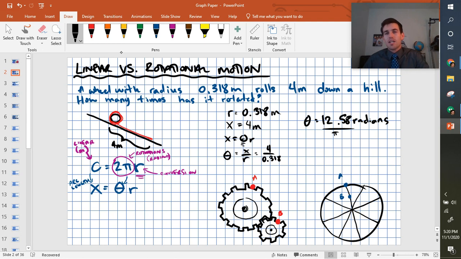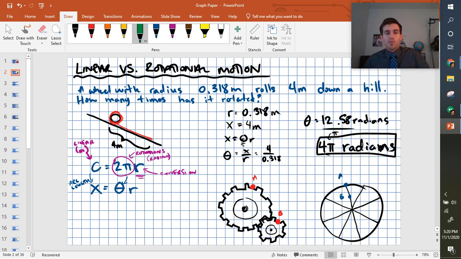So if I divide 12.58 by pi, I get almost exactly 4 pi. I put the pi back in because if I multiply 4 times pi, I go back to 12.58. So it's 4 pi radians. So that is how we convert from linear to rotational.